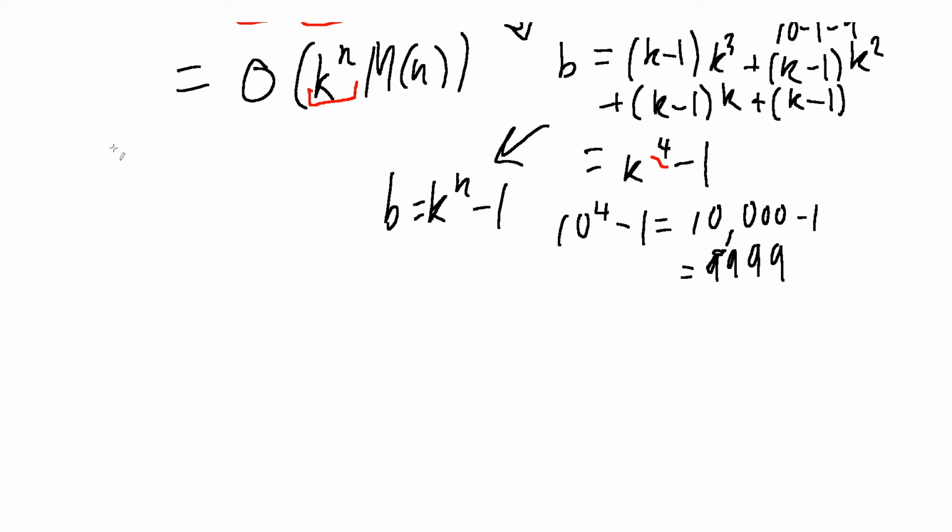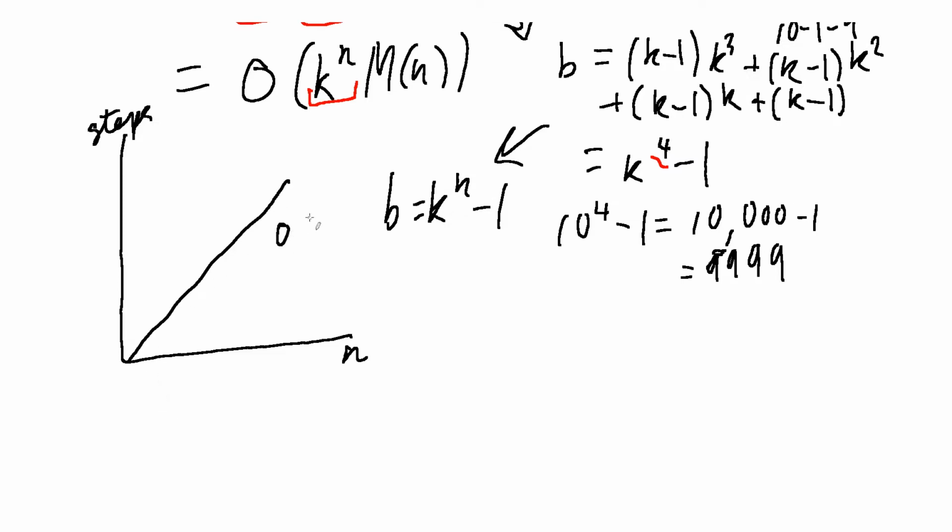If we make a graph of n, the amount of digits as that increases, and the amount of steps, if we have a time complexity of, say, just O of n, that's linear, so that'll increase at a linear rate. If we have O of n squared, it'll increase more like this.